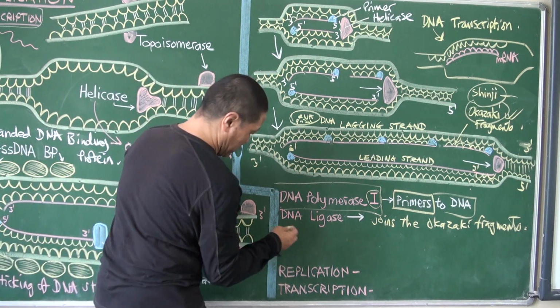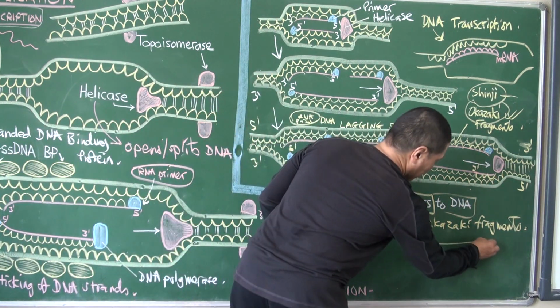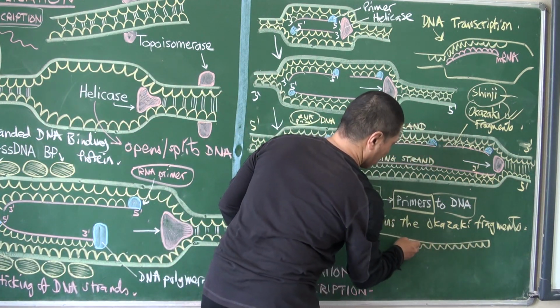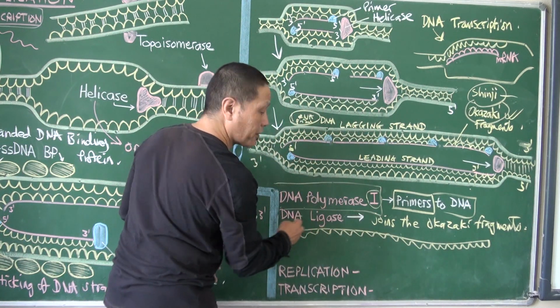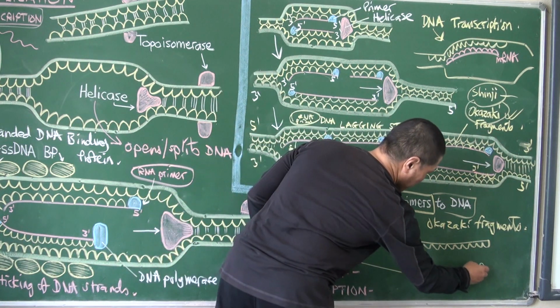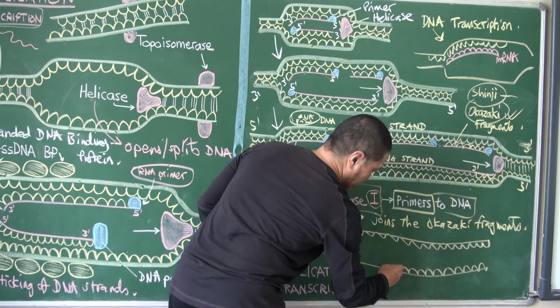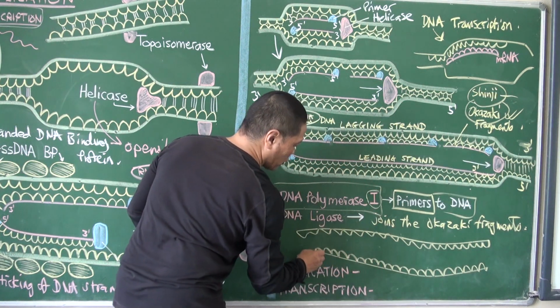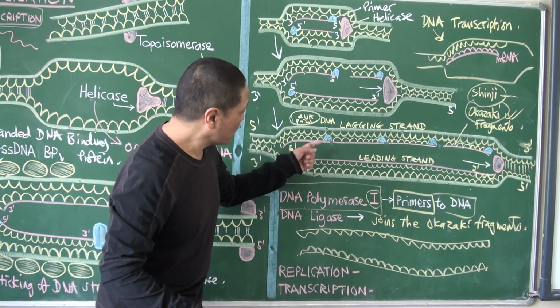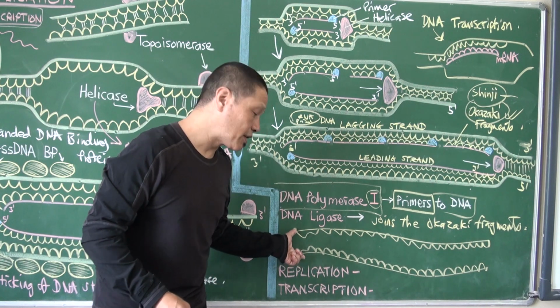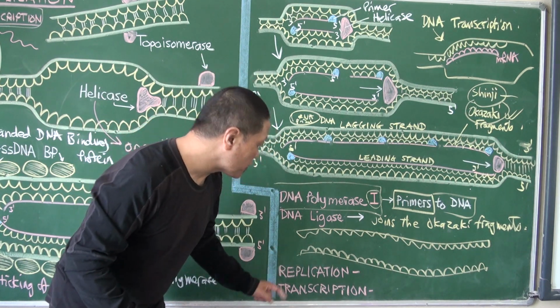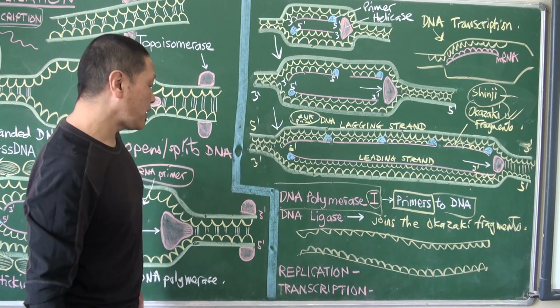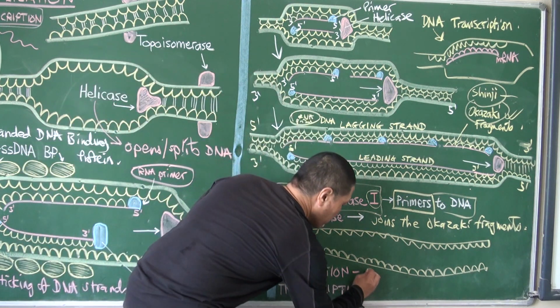So then you get this long chain of DNA on the upper side, as well as a long one which did not have any fragments at all. So two strands are duplicated that way.